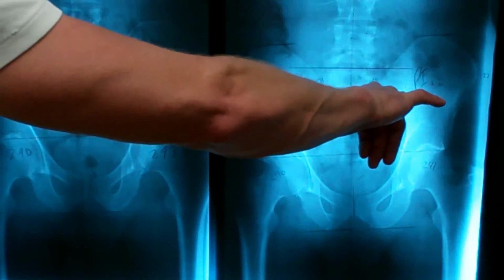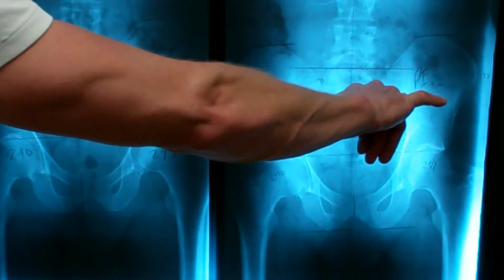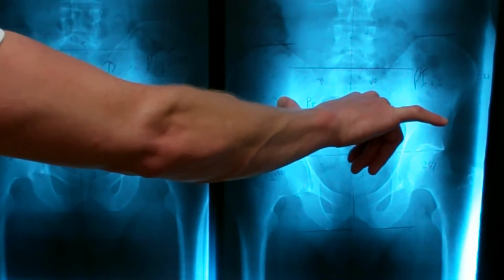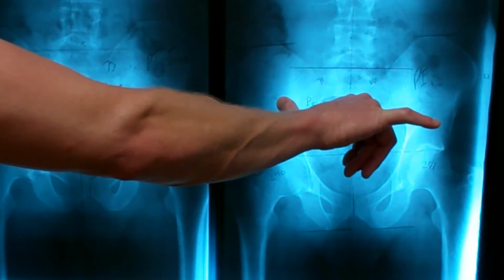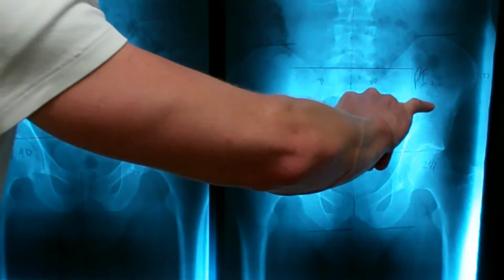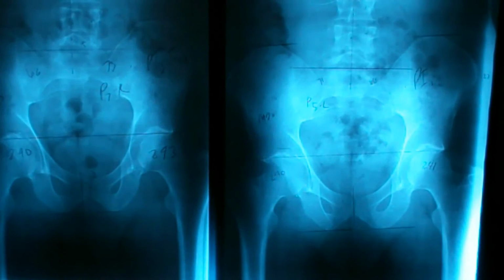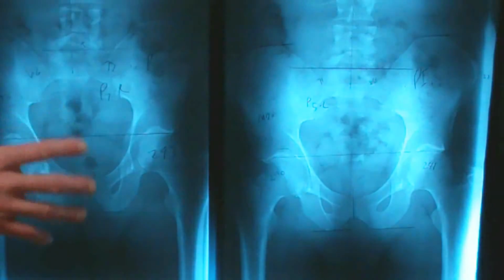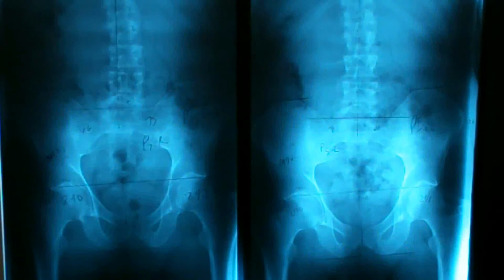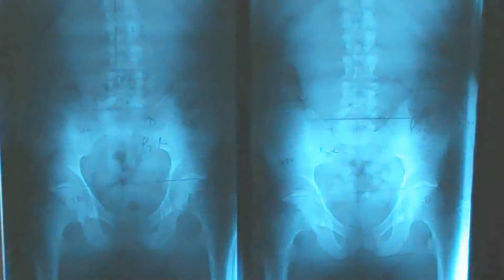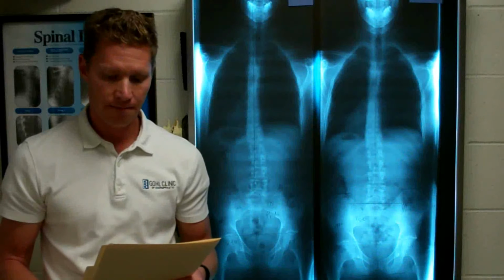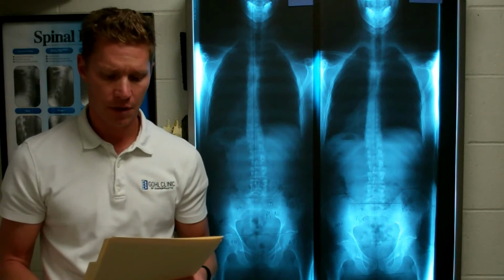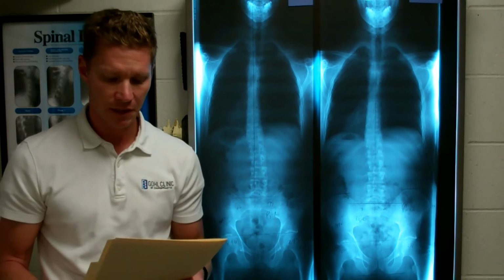Where the sacrum was initially rotated on the pre-X-ray by 7 millimeters on that right side, now it is rotated by 5 millimeters on the left side. Absolutely huge change in this pelvis. Take a look at the view here, you can clearly see how much more normal it's starting to look on the right side now. The interim analysis was done on 7/14, so about 6 weeks later.